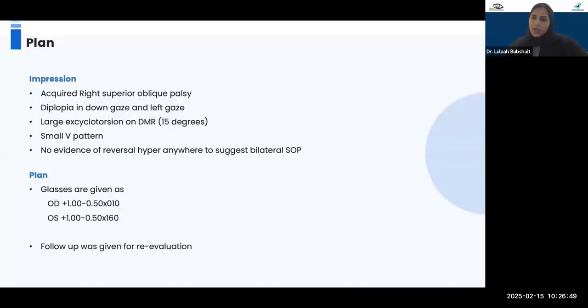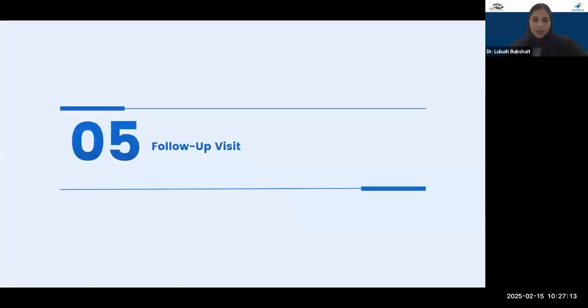So at this stage, our impression was an acquired right superior oblique palsy, with diplopia in down gaze and left gaze, large axial torsion on double Maddox rod, small V pattern, and no evidence of reversal hyper anywhere to suggest bilateral superior oblique palsy. So we gave her small hyperopia glasses and a follow-up just to reevaluate and measure the deviation.